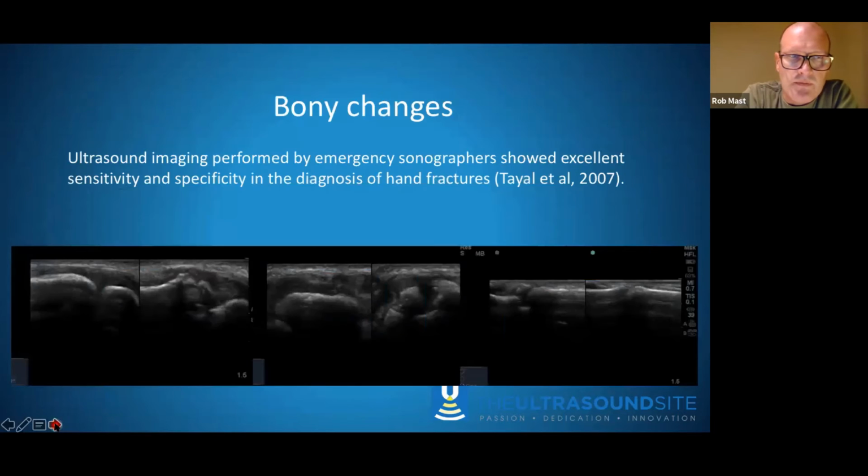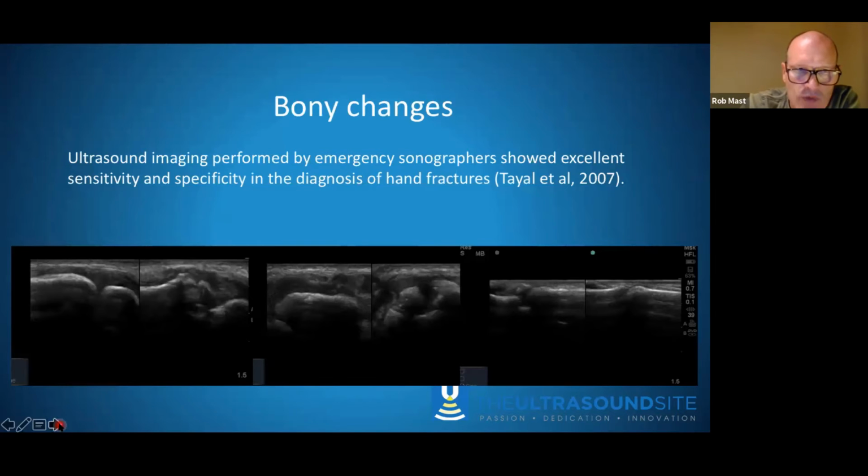Okay, next slide. These are some other nice slides. Again, some bone changes. In the center image you see almost like a fragmented demonstration of, I think, a metatarsal head or something like that, and it's a fracture.